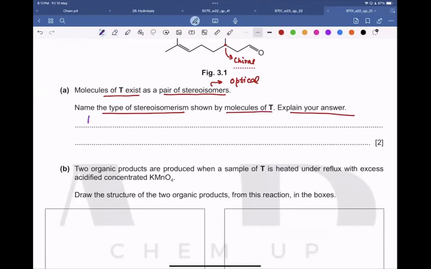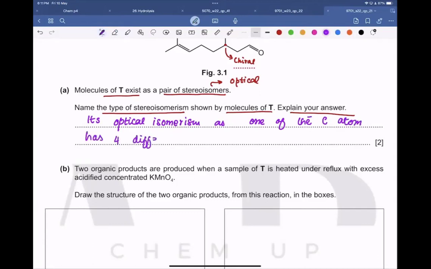So it's optical isomerism, as one of the carbon atoms has four different groups.